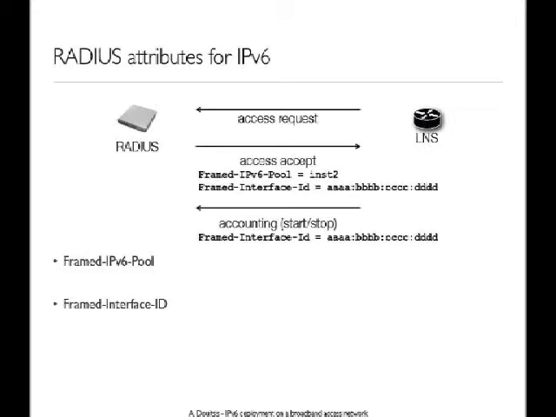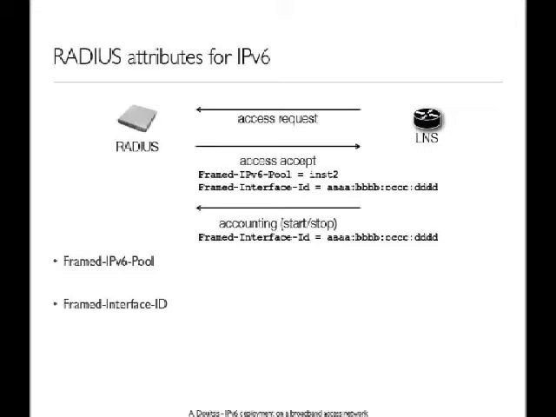And then the Framed-IPv6-Pool is the name of the local IPv6 address pool within the LNS that is going to be used to issue the neighbor discovery router advertisement inside the PPP link. So the LNS sends an access request to the RADIUS. This is our RADIUS, not the ISP RADIUS. Please note that.